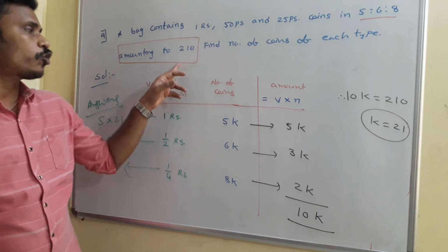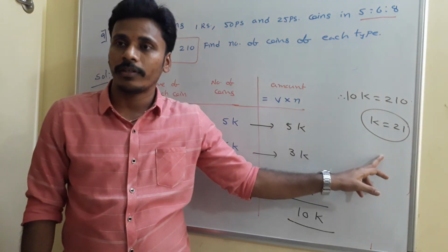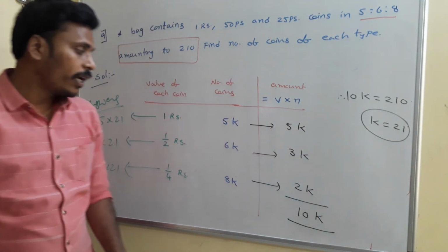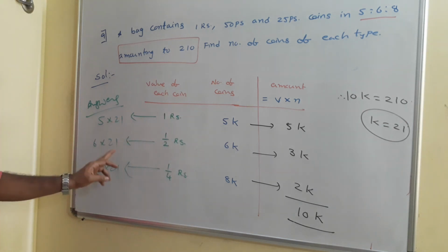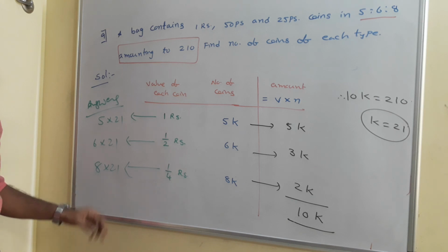But as given it is 210, so k is equal to 21. Since k is equal to 21, it is very easy to count the number of 1 rupee coins, half rupee coins, and 1 by 4 rupee coins. Okay, that's the problem. Just have a look there. They ask us to give the number of coins of each type. Then the number of coins of each type are 105, 126 and then 168. That's the problem.